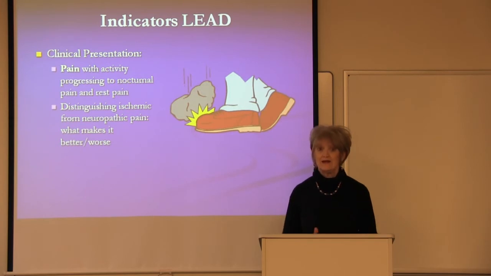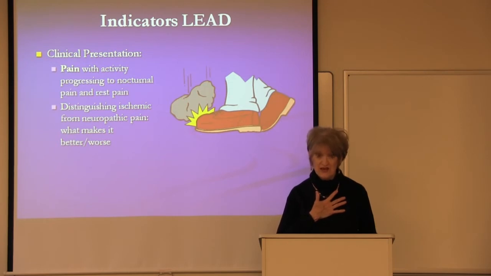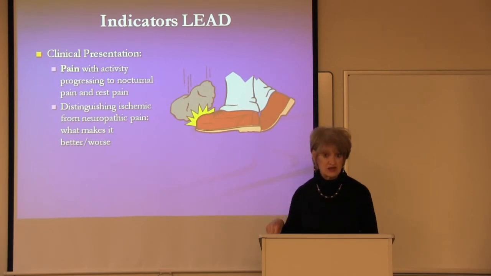Makes sense. What do we tell patients with angina? When they have chest pain, we tell them sit down, get quiet, rest. Because we're reducing the oxygen demands of the heart muscle. When the patient has intermittent claudication, sit down, rest, reduce the oxygen demands of the tissues.